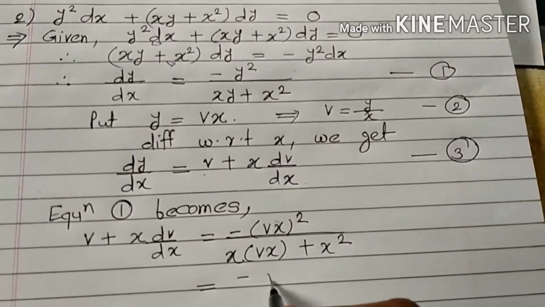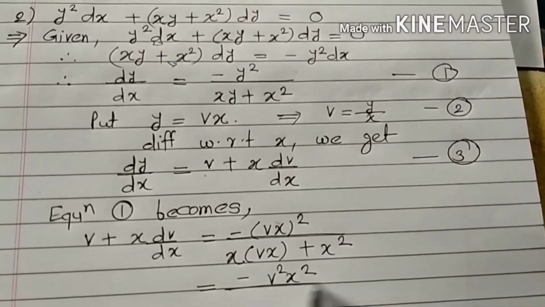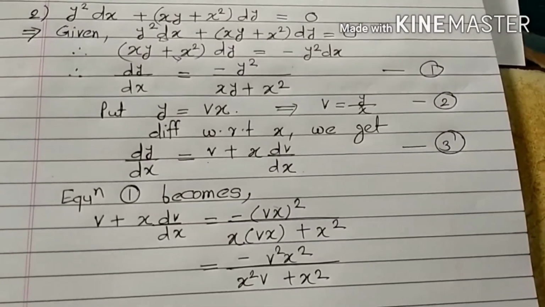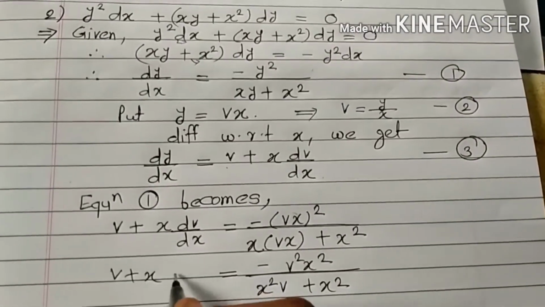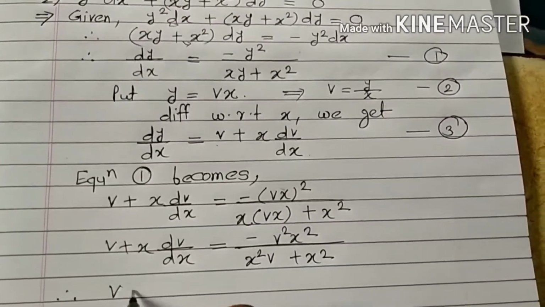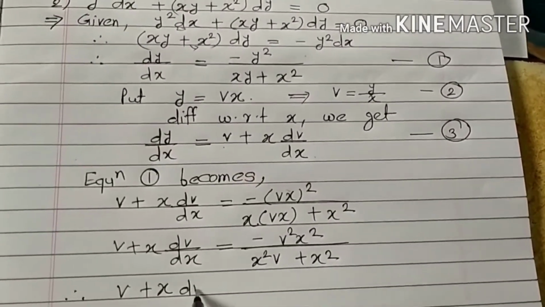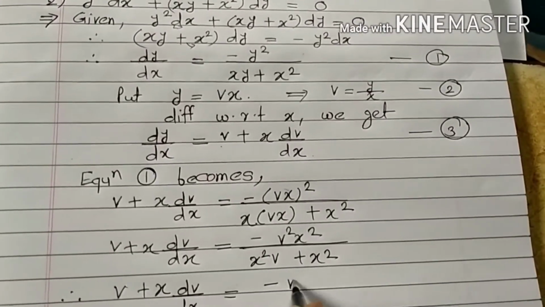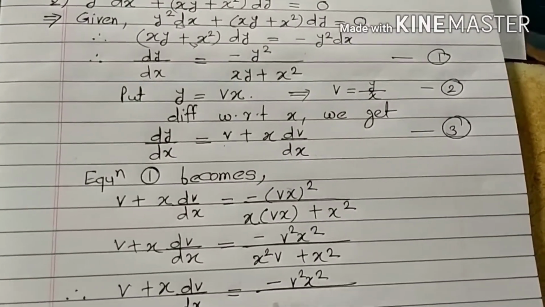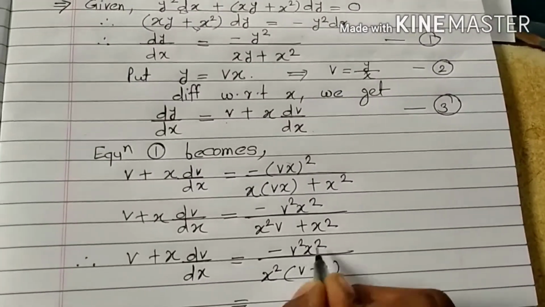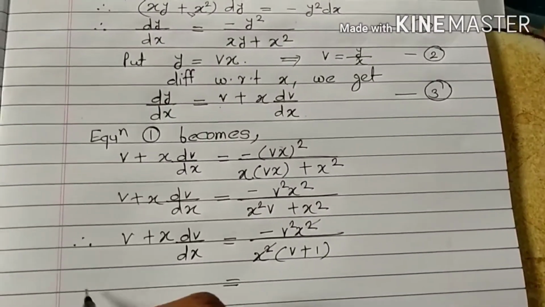So minus v square x square upon x square v plus x square, and this term is as it is. Take x square common, so it is v plus 1. This x square gets cancelled.